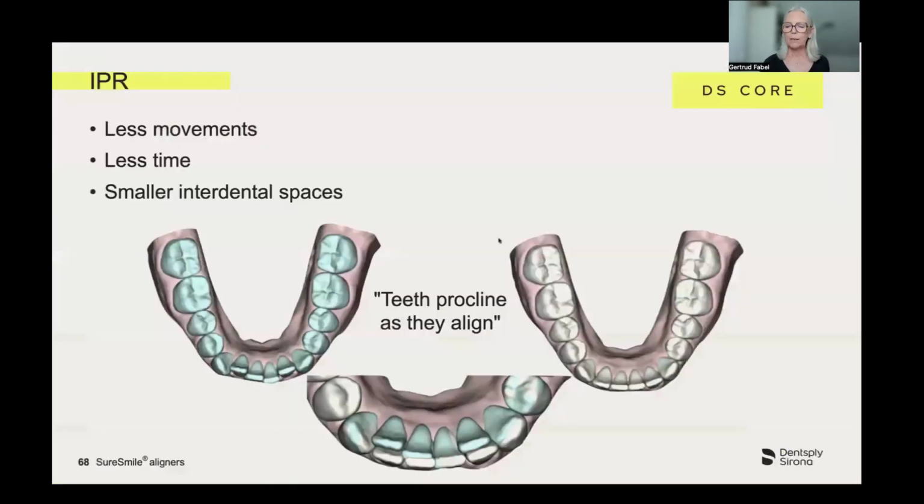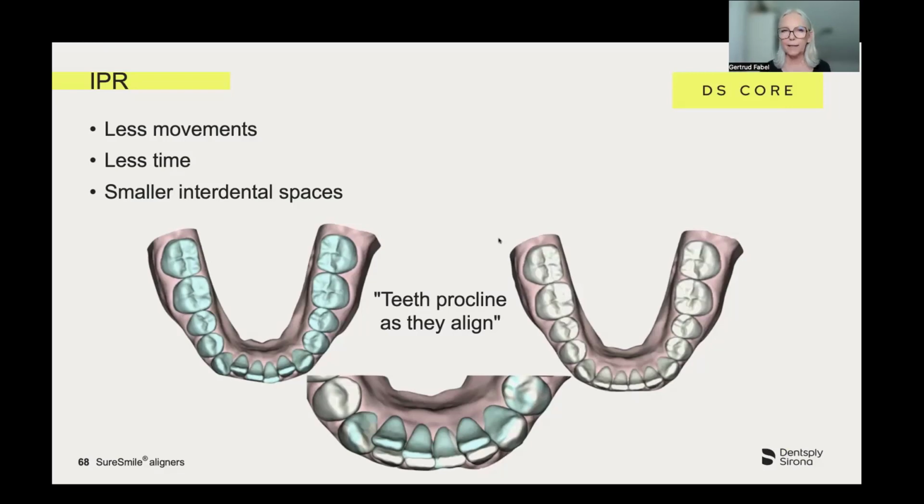The patient appointment, so the setting of the aligners, also means making the interproximal reduction. As teeth proclinate, they align, which means I don't need so much movement and so much time if I can slice and make every tooth a little bit smaller.